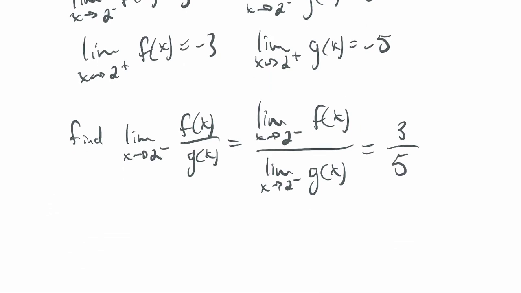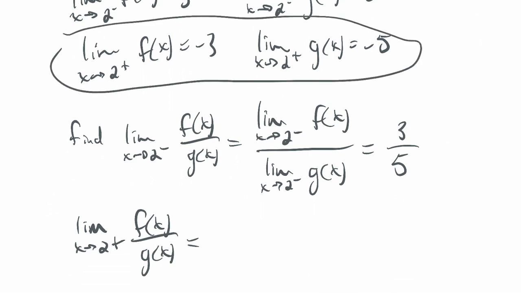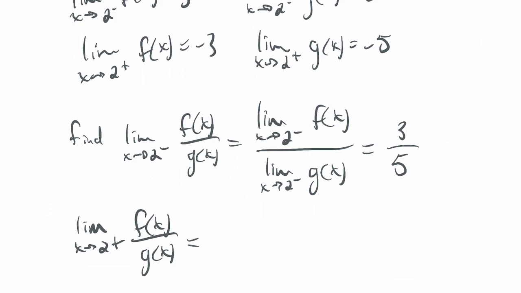And then if I'm asked, okay, find the limit as x goes to 2 from the right of f of x over g of x. This is the statement of the problem. I can look at this and go, oh, it's going to be -3 over -5, but I should write how I'm arriving at that.